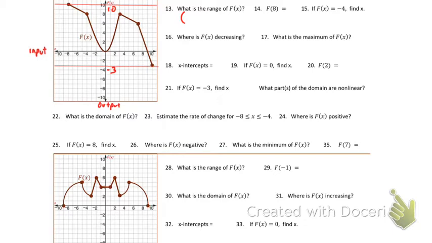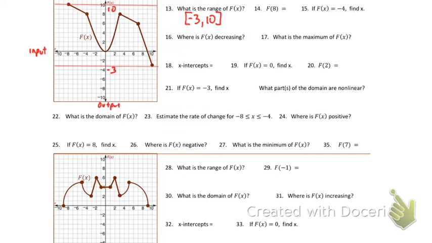Since we have a dot on -3, the graph is on the -3 line, so that's going to be a bracket at -3. And part of our graph is also on the 10 line, so it's going to be another bracket on the 10 line. Okay, that is your range.